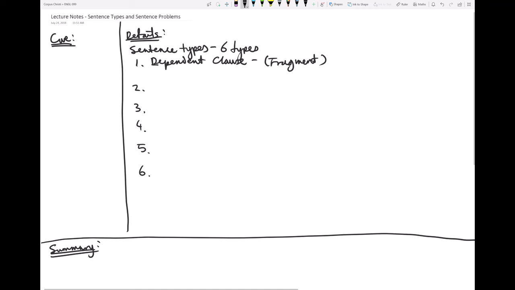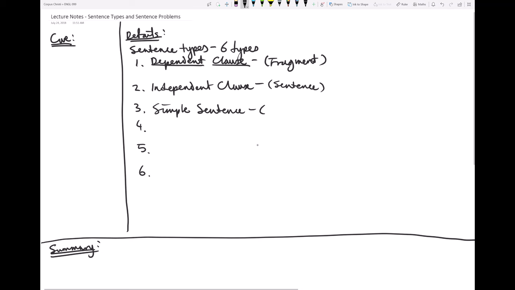So those are called dependent clauses. The next is an independent clause. So that is a sentence. Then you have a simple sentence, which is an independent clause.